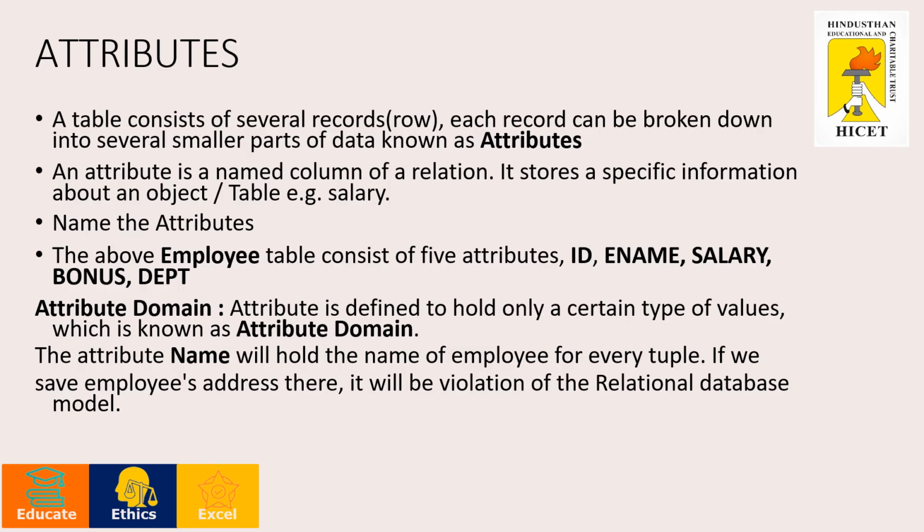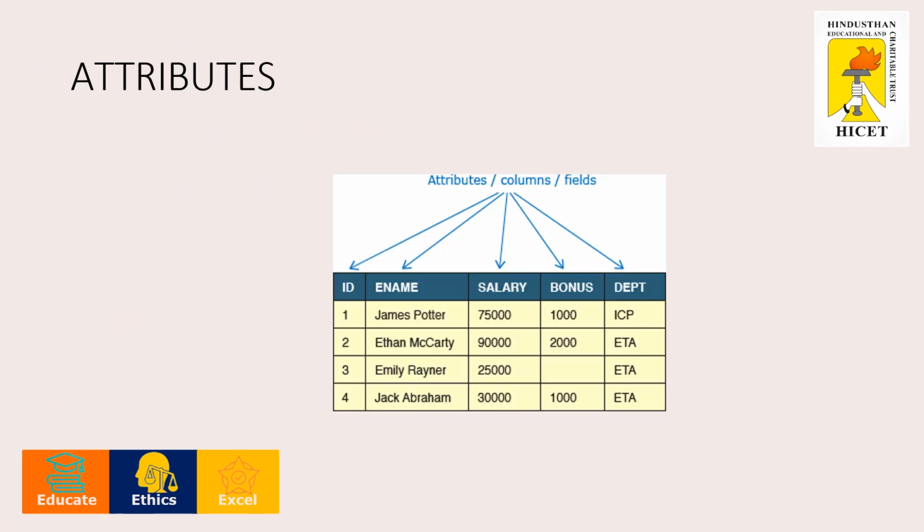For example, salary, e-name, ID, date of joining, date of birth, etc. In this example, we have five different attributes called ID, e-name, salary, bonus, and department. So the employee table comprises five attributes: ID, e-name, salary, bonus, and department.